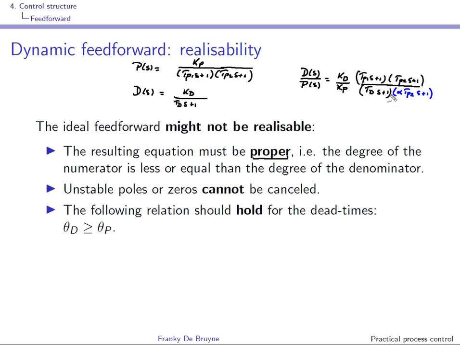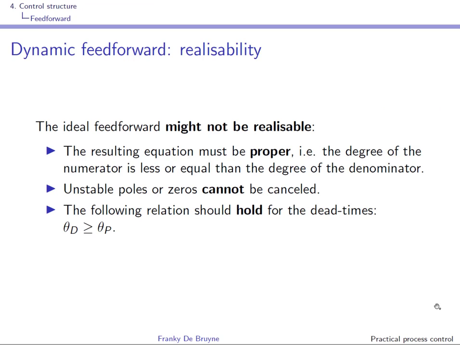But this is clearly an approximation of the ideal feed forward. And alpha, for instance, is, well, in between 0.1 and 0.5, let's say, right? And this will make sure that the feed forward is now proper, but it is only, as I said, an approximation of the ideal feed forward, which itself is not realizable.